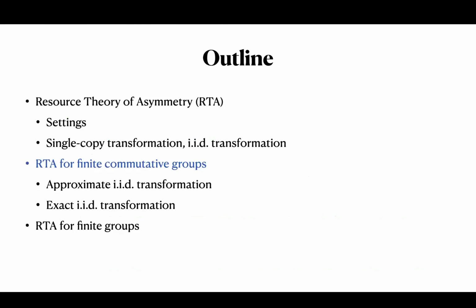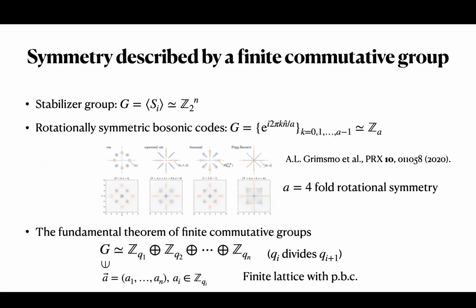So let's consider the finite commutative group case. You may think that the finite commutative group is too simple, but it actually contains very important examples, such as stabilizer groups, which are the n-fold product of Z2, and also recently rotationally symmetric bosonic codes are well studied.